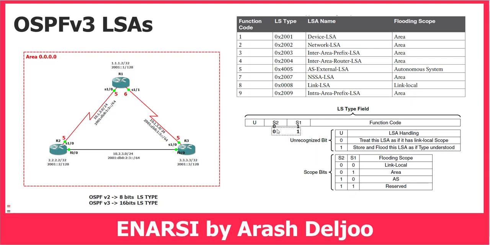Also, in the U bit, assume that we are using 0. This is the default. And then in the 13 bits of the function code, we are using 0, 0, 0, 0, 0, 0, 0, 0, 0, 0, 0, 0, 1, type 1, okay?